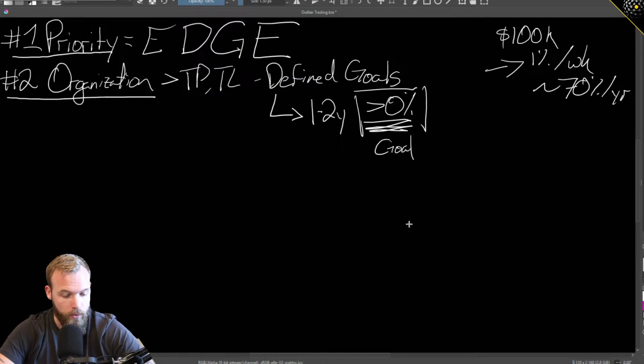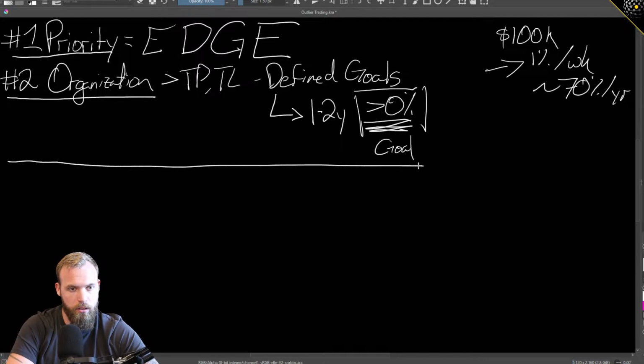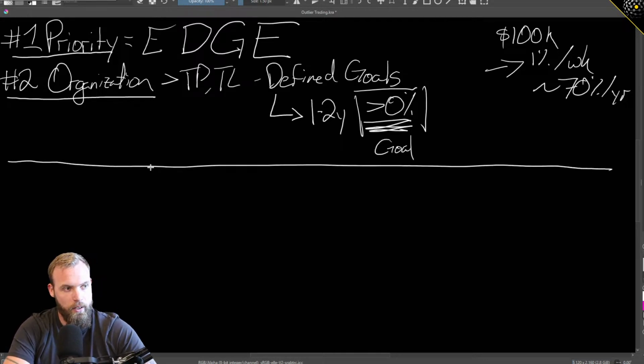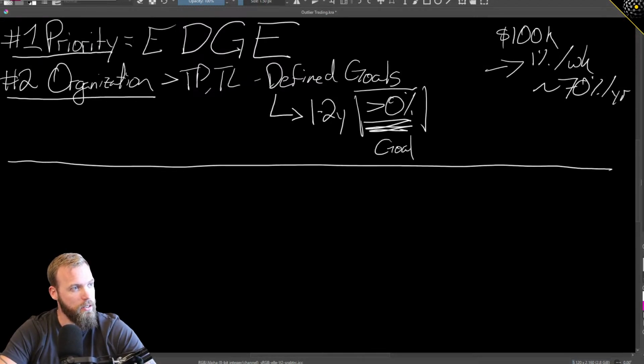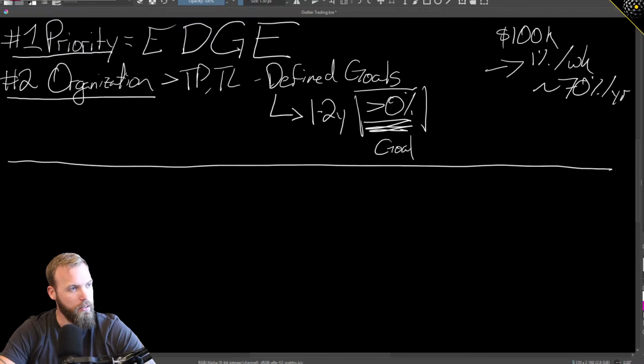So now that we have the beginning concepts identified, now is when we actually get into the next steps. How do we take this list of things that we learned, and how do we turn it into something that we can actually monetize, make money? We already know the first thing is edge.